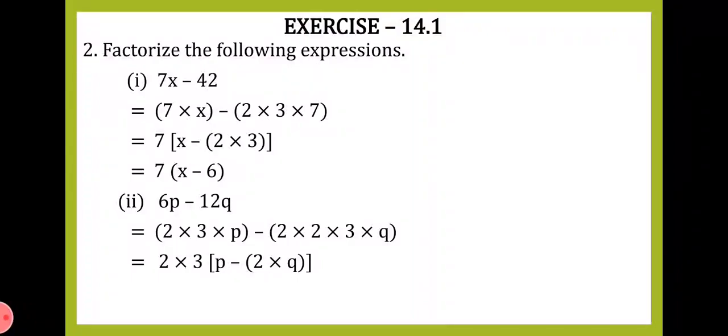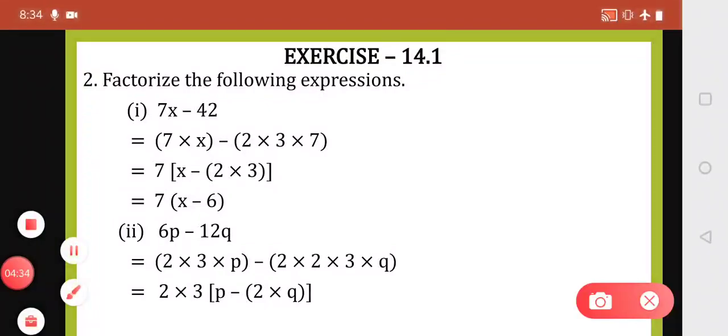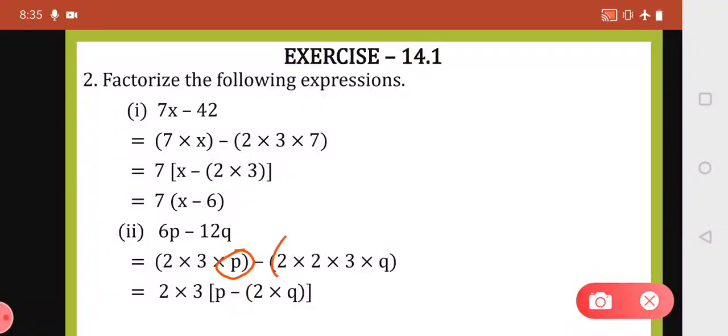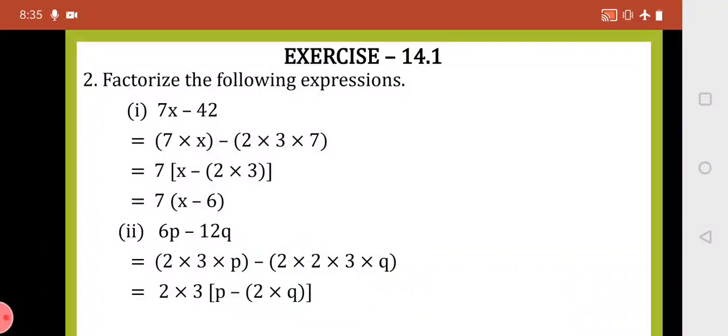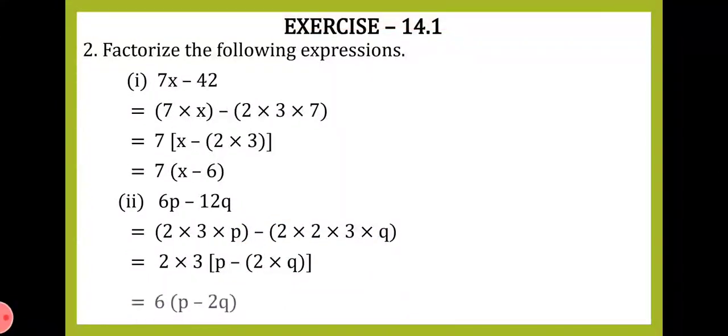In the first term, after taking out 2 into 3 we are left with p, and in the second term, after taking out 2 into 3 we are left with 2 into q. So we take out 2 into 3 common, and in the bracket p minus 2 into q. Solving, 2 3s are 6, so we write 6 into p minus 2q.